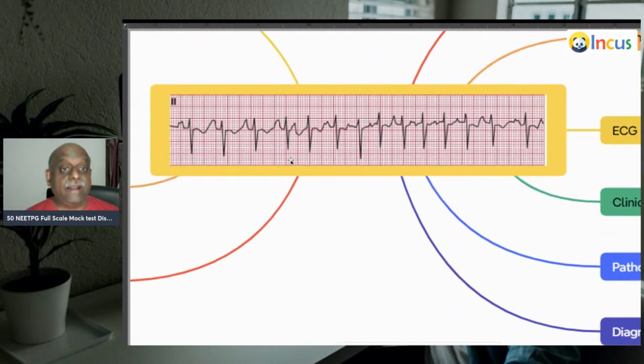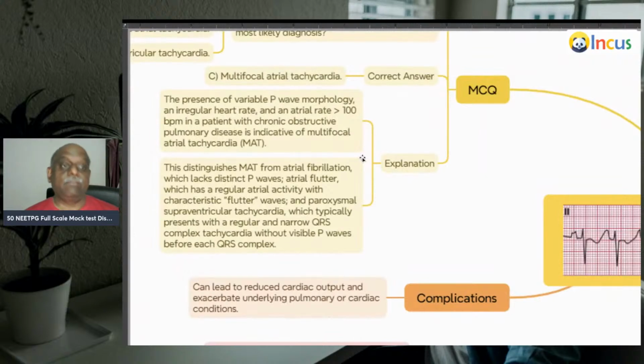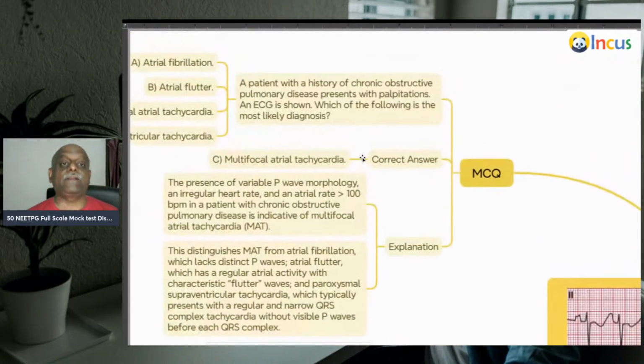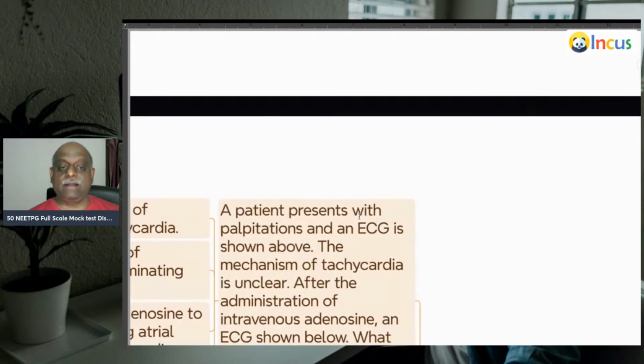In the same lead, one P wave is upright, another P wave is inverted. Different P wave morphologies indicate multifocal atrial tachycardia, which is very common in patients who have COPD, is what you have to remember.